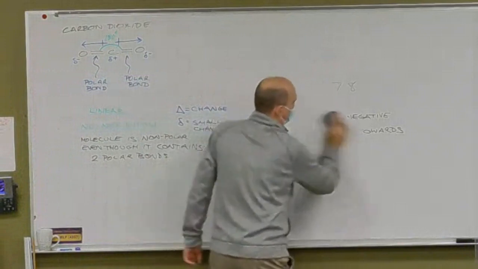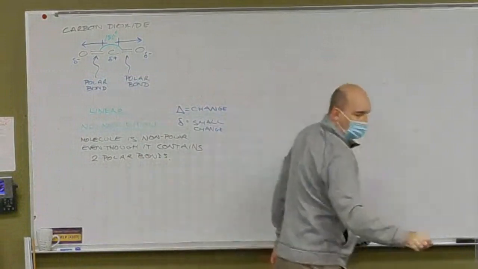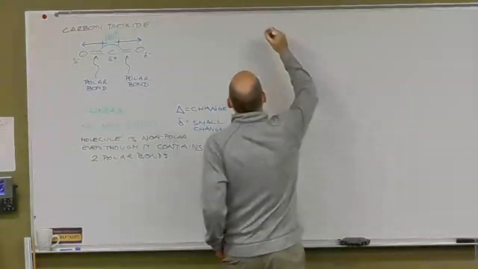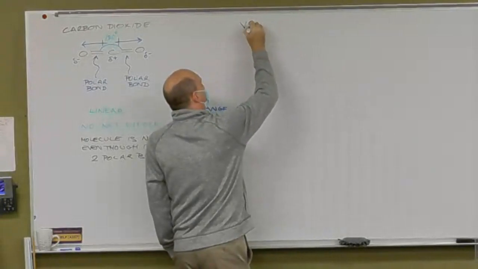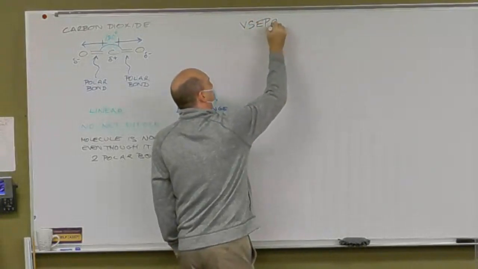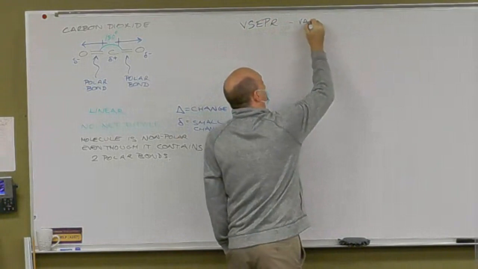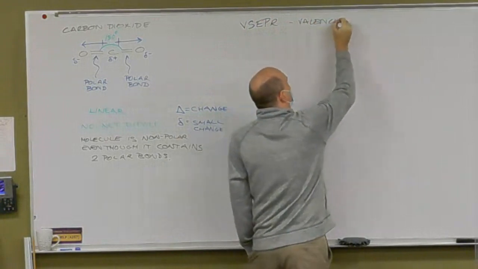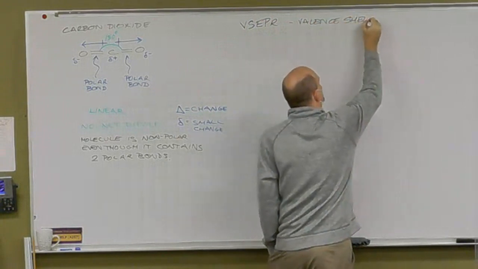So here's geometry. Molecular geometry is governed by this set of rules. It's called the valence shell electron pair repulsion theory.